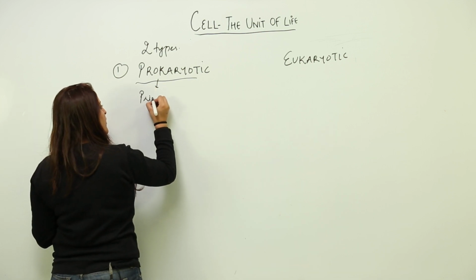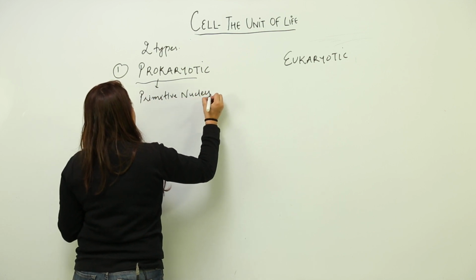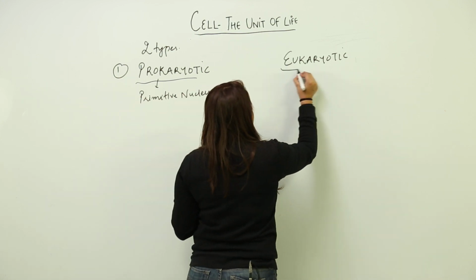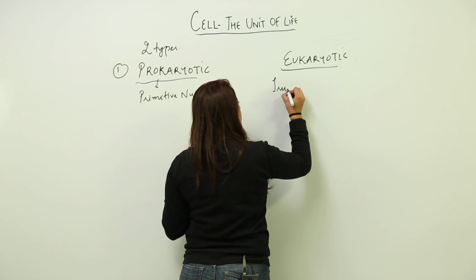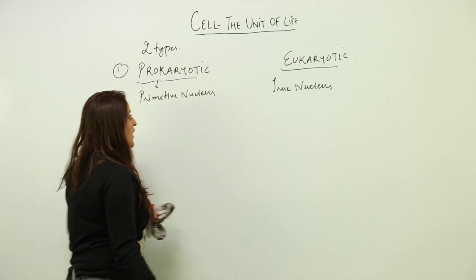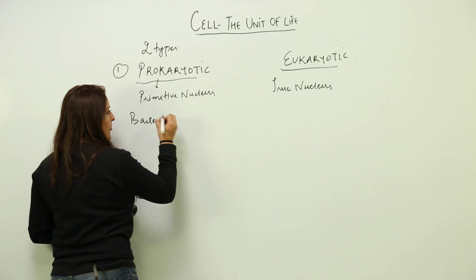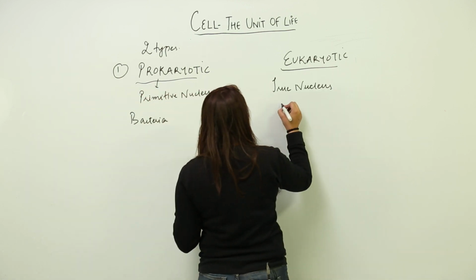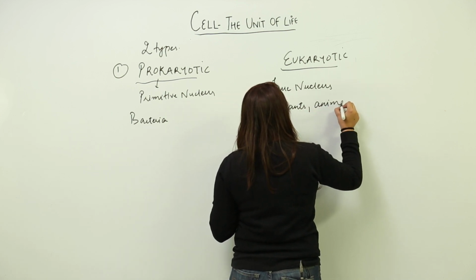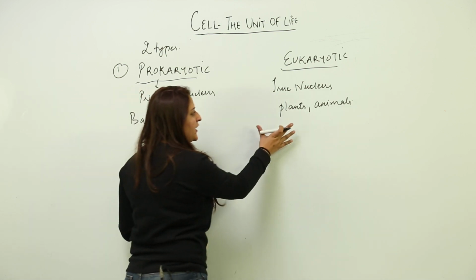A cell which has a primitive nucleus, known as primitive or old nucleus, is said to be a prokaryotic cell. But a cell which possesses a true nucleus is known as a eukaryotic cell. Prokaryotic cell is like that of bacteria, and eukaryotic cell is like that of various plants and animals. So this is the basic difference between prokaryotic cell and eukaryotic cell.